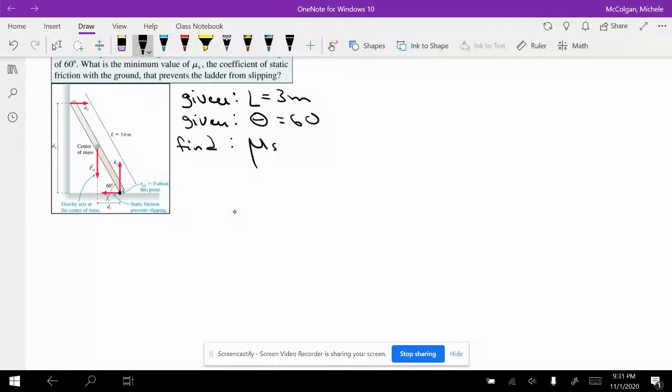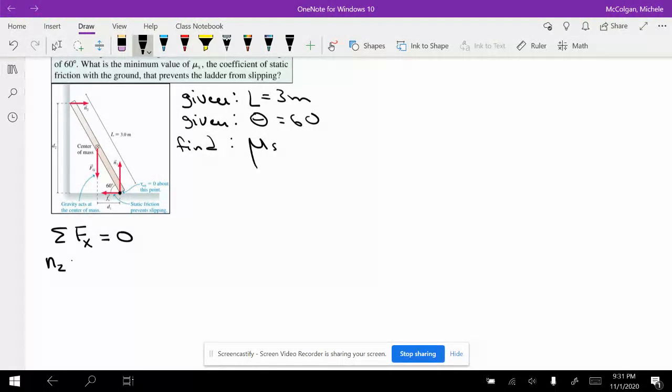Okay, so we're going to use the sum of the forces, and here, because we have forces in 2 dimensions, we need Newton's second law in both x and y. So we'll start with x. The sum of the forces in the x direction is equal to 0. N2 points to the right, so I'm going to start with that one since that's our typically positive direction.